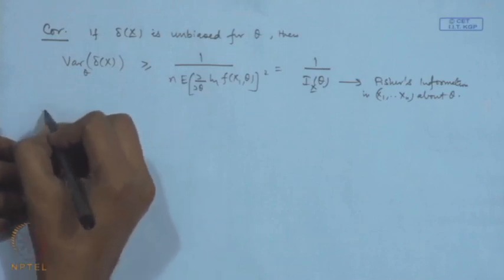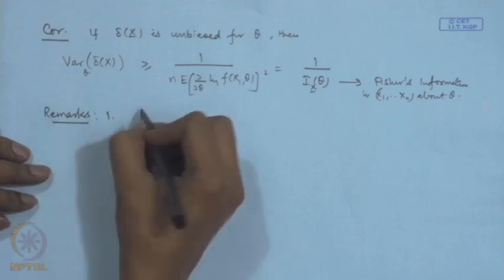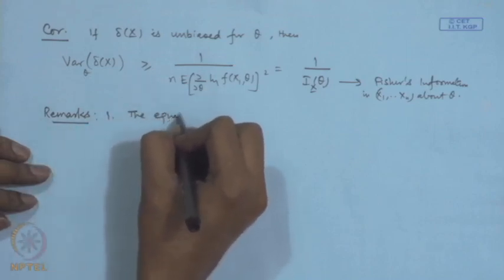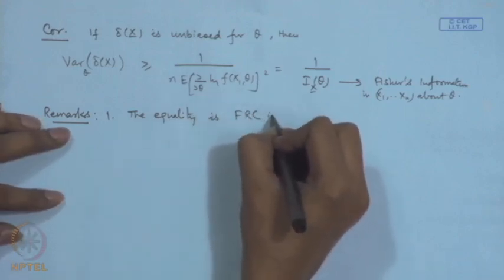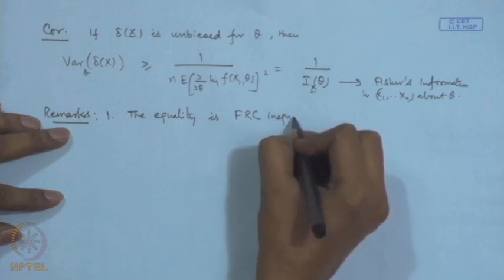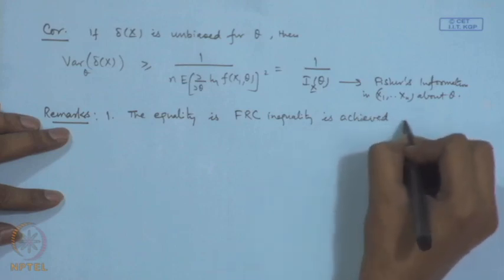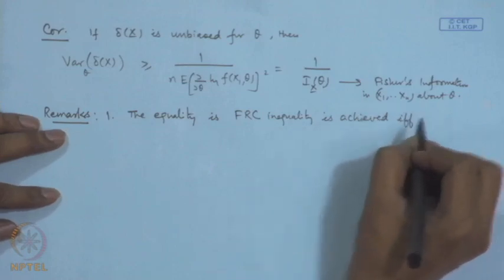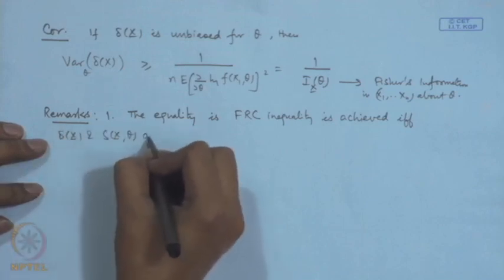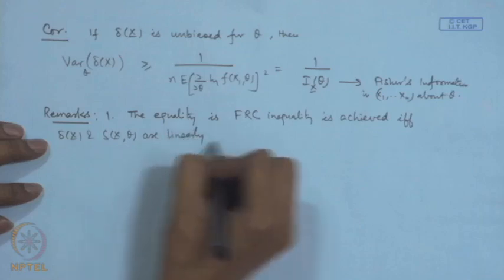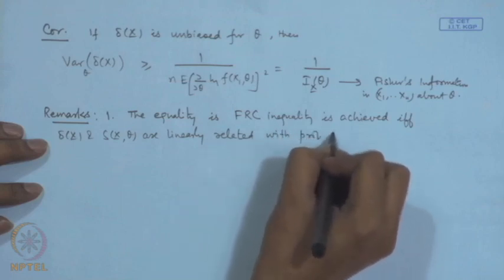So, we can say, as a remark, the equality in the FRC inequality is achieved if and only if delta x and S x theta are linearly related with probability 1.